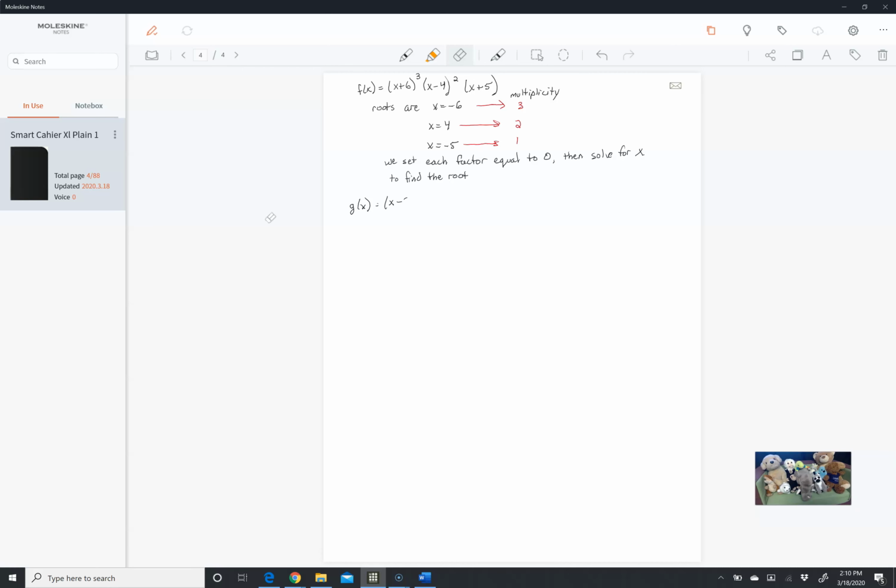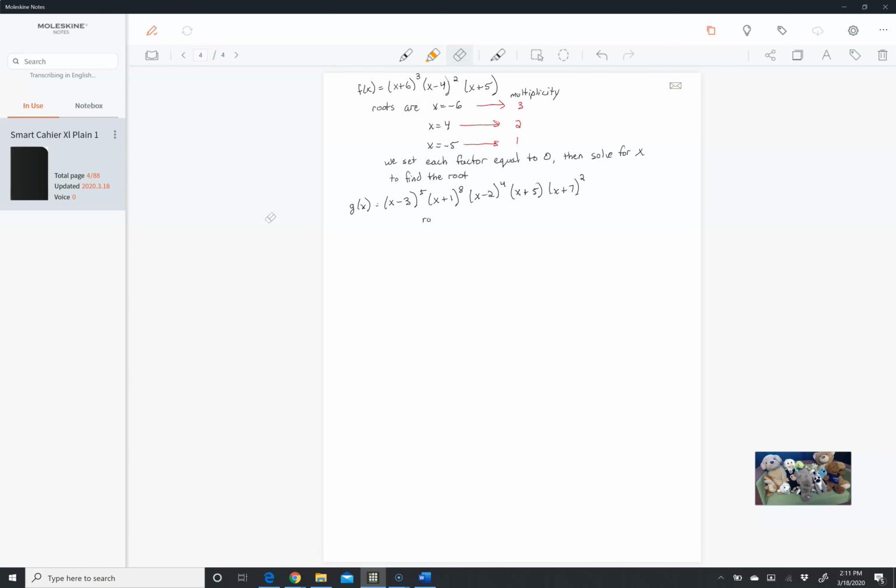So if we say g of x equals x minus 3 to the 5th, x plus 1 to the 8th, x minus 2 to the 4th, x plus 5, and x plus 7 squared.